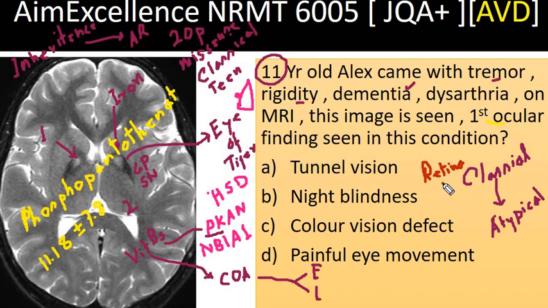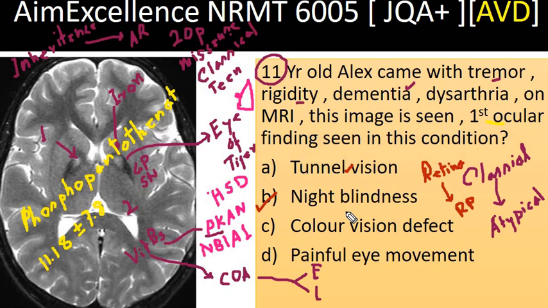Retinitis pigmentosa like symptoms, and the first symptom in those cases is night blindness. Eventually it will lead to tunnel vision, but the first ocular symptom will be night blindness, and that is the answer to this particular question.